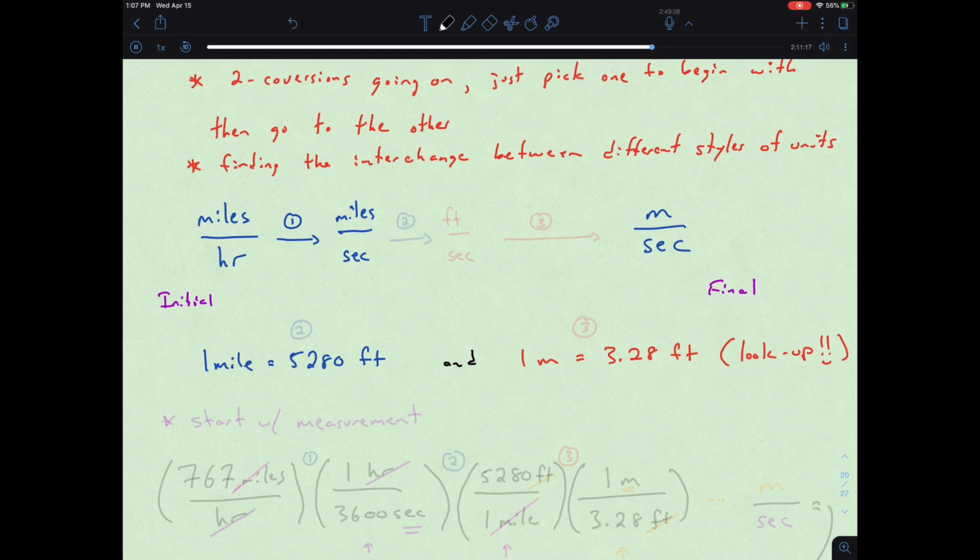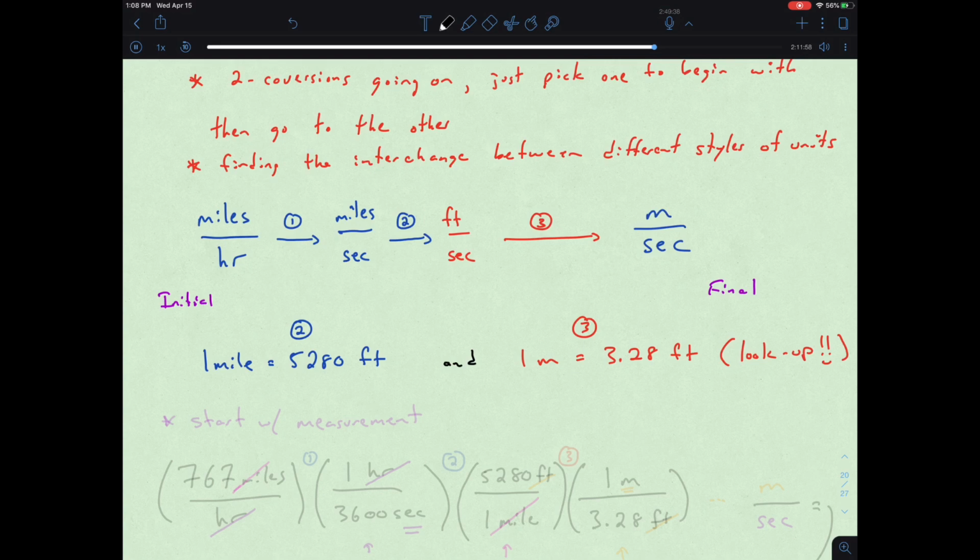And then we can enter this interplay between saying that, okay, well, from that I can get to then feet per second. And then I can get to our final answer after that with that third conversion. So that would be using the 1 mile to feet conversion second, and then the 1 meter to feet conversion third.